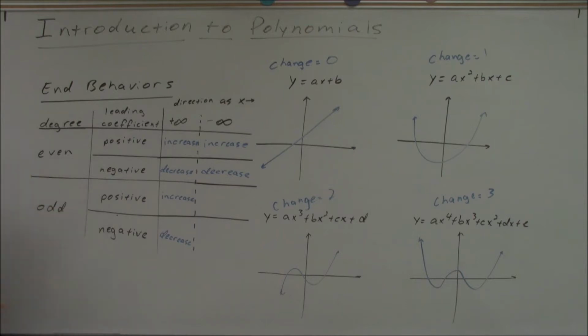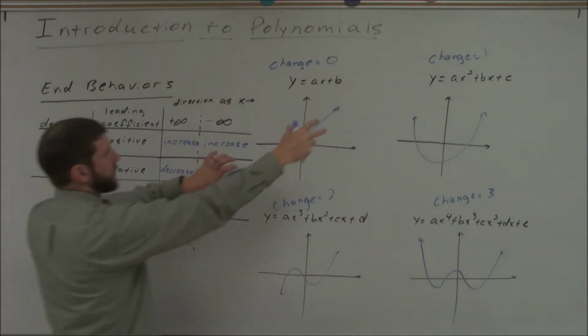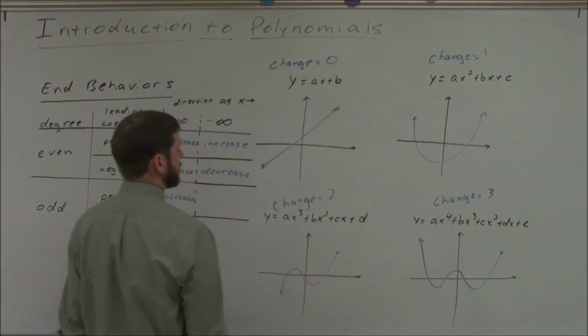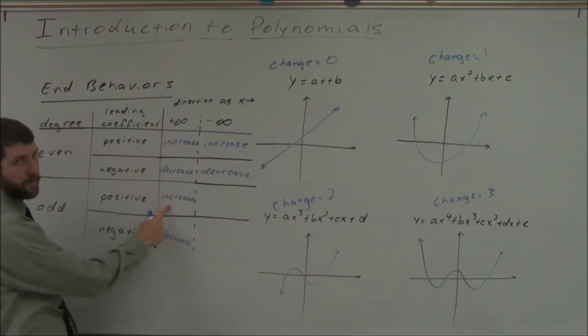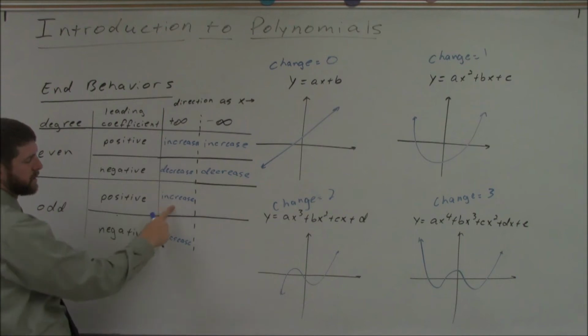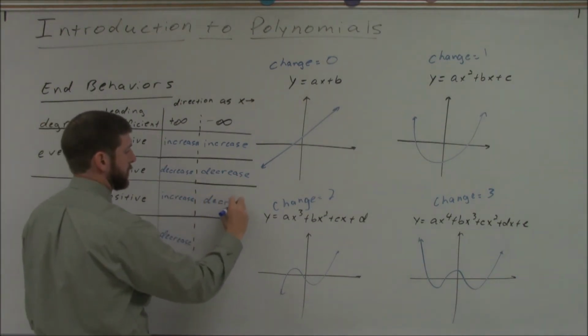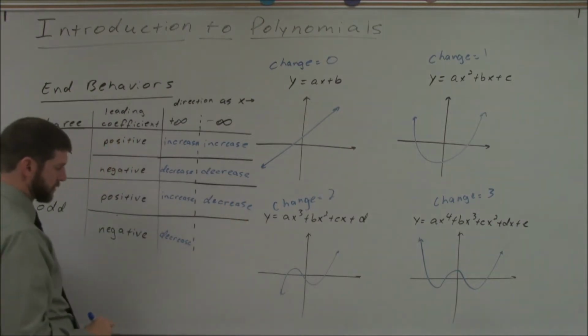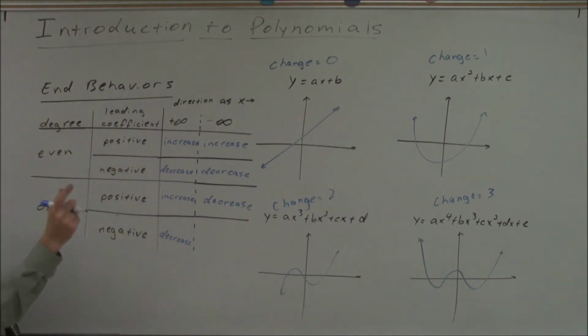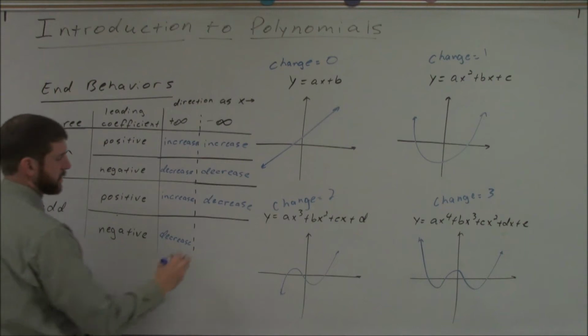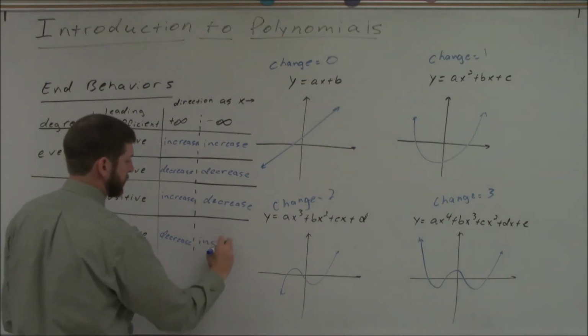Even degree, odd degree. Even and odd functions are something different. That's coming up later on. Even degree and odd degree. Odd degree tells me that they should finish in opposite directions. And so if my positive infinity is an increase towards positive infinity, I'm going to decrease in the other direction. If I'm decreasing towards positive infinity, I've got to be increasing towards negative infinity.